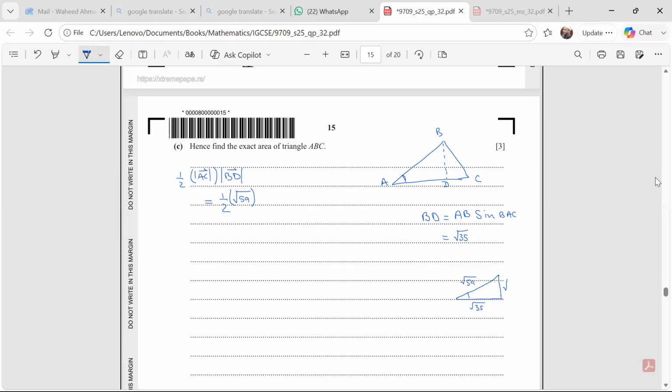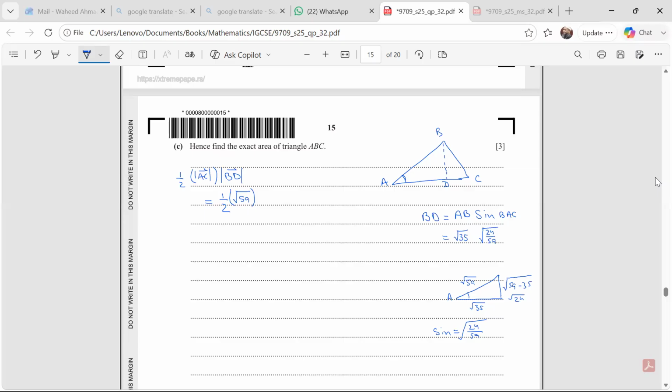Using Pythagoras theorem, the square of this side is 59 minus 35, so the side is root 24. So the sine of this angle, A, would be root 24 over root 59. So the sine of BAC is root 24 over root 59.